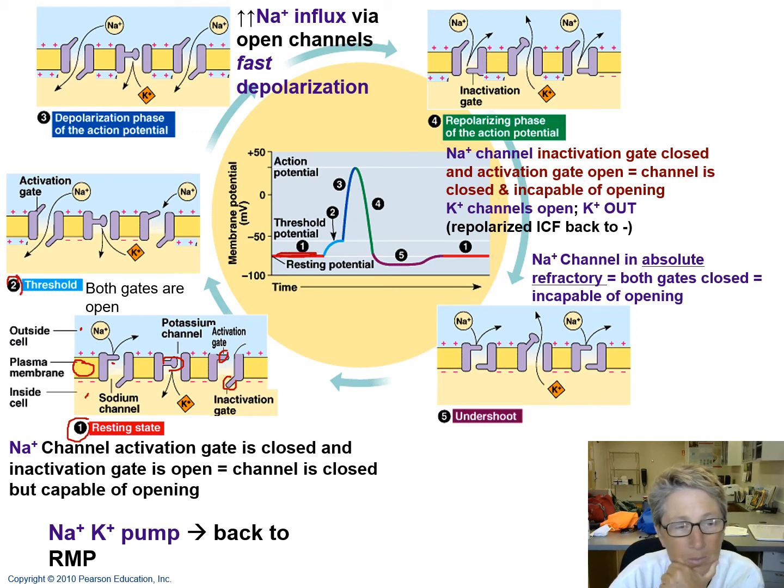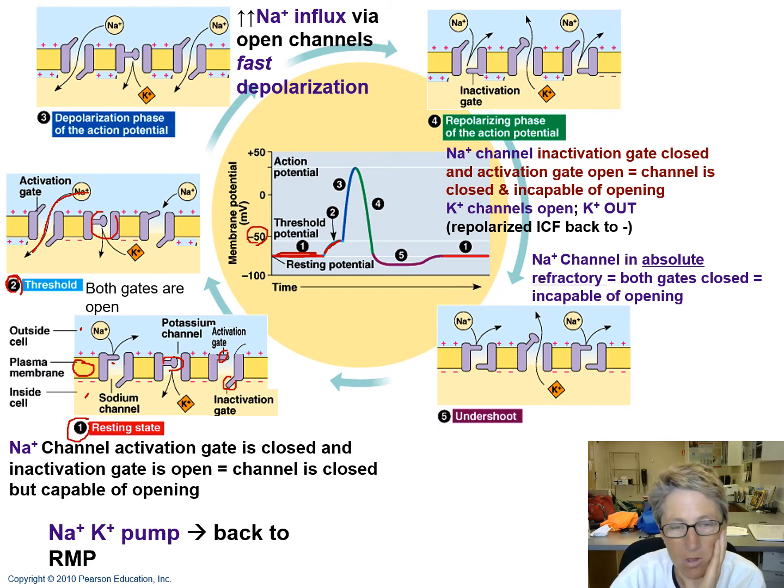When we come up to number 2 and get to threshold, the activation gate and the inactivation gate are both open, so sodium can rush into the cell. Potassium's still closed here, and so sodium will start rushing in and the membrane potential will start to change. That's number 2 right here. In this cartoon, they have threshold potential at -50. It doesn't matter, it's -50, -55.